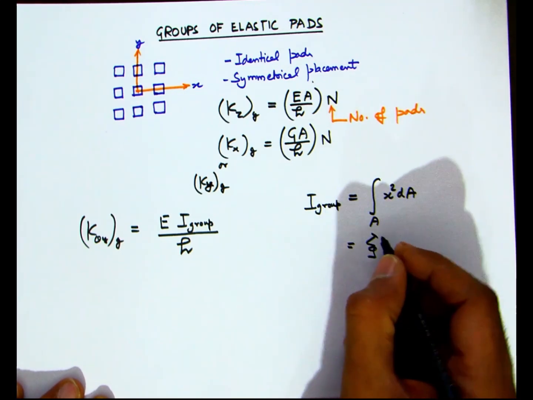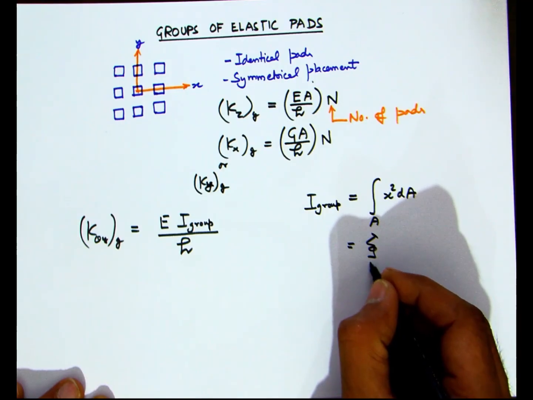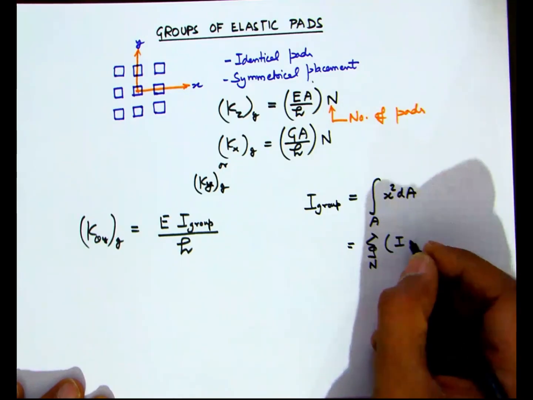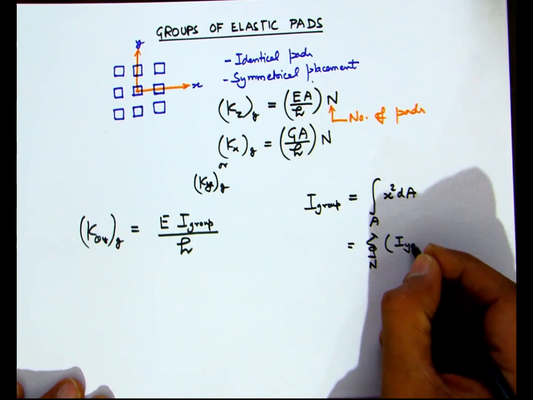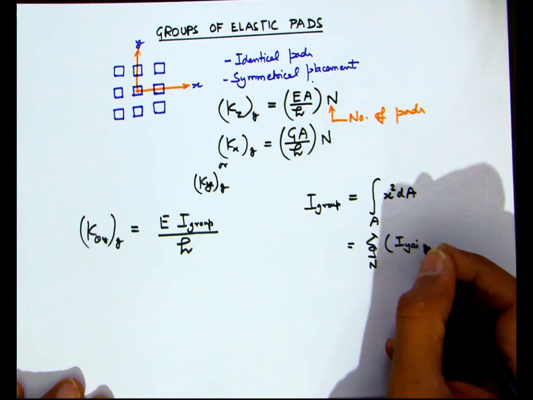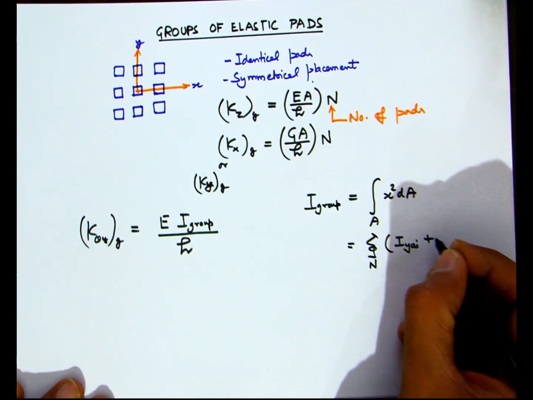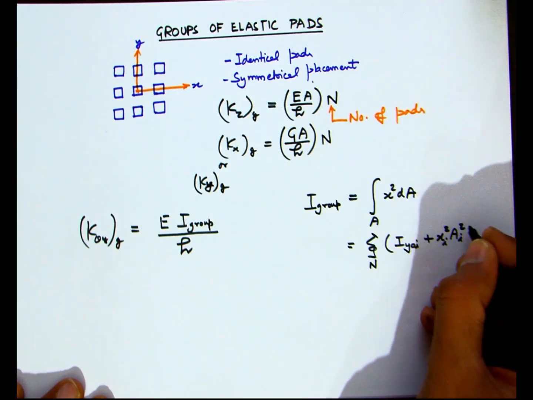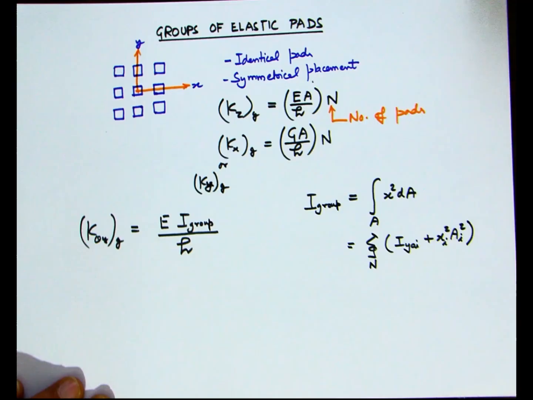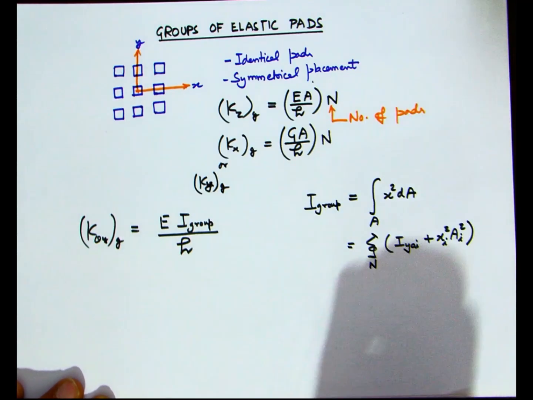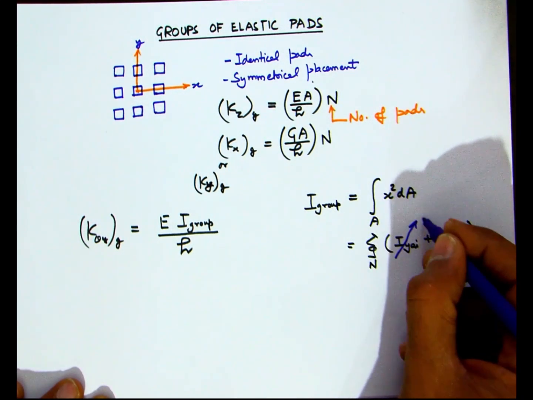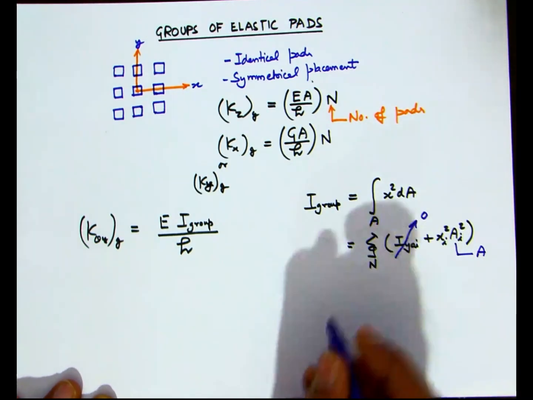So here basically we use the parallel axis theorem and we transform the moment of inertia of each pad about the centroidal axis of the entire group. Now in this particular situation, taking advantage of the small size of each pad, we basically ignore the moment of inertia about its own centroidal axis. So that gives us a simplified expression for the moment of inertia of the entire group.